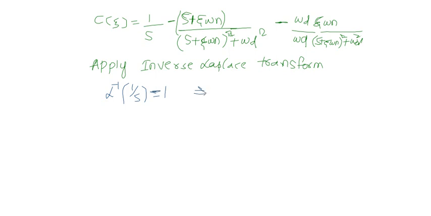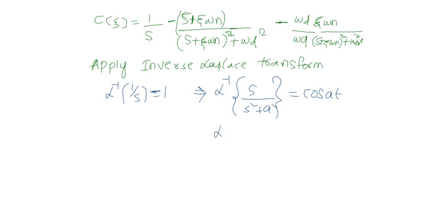Taking this total as the s, the inverse Laplace transform of s by s square plus a square is cos at, but in place of s I am having s plus zeta omega n.